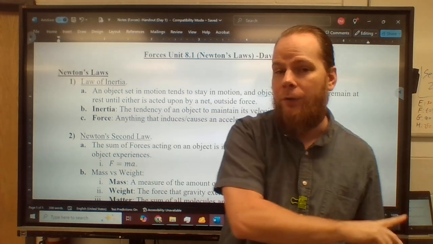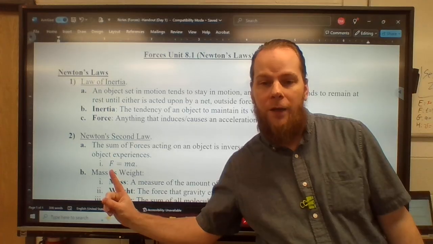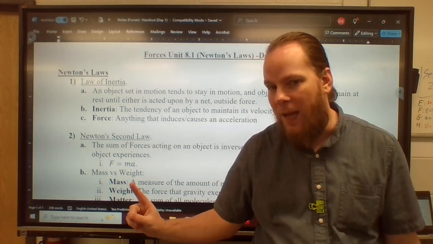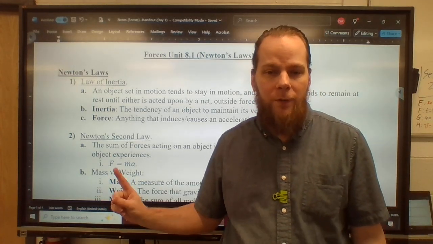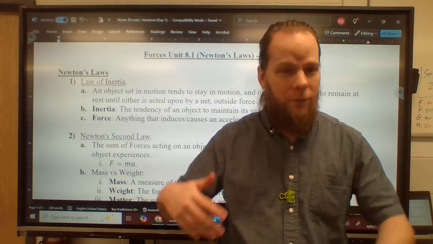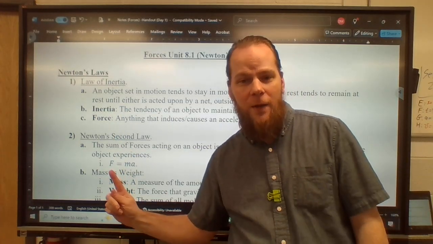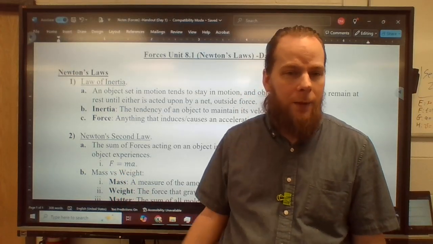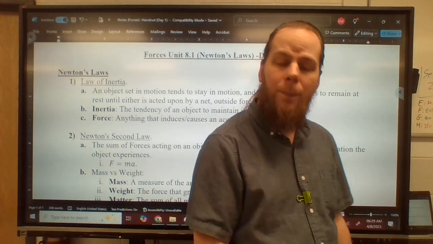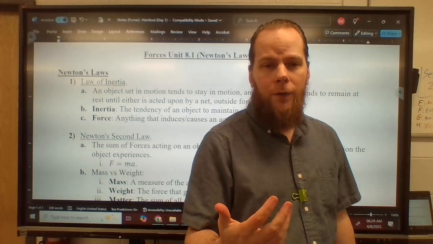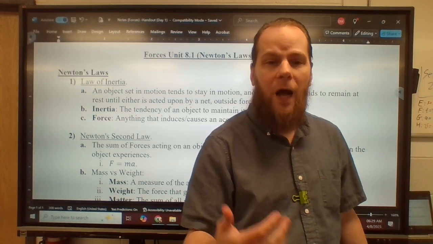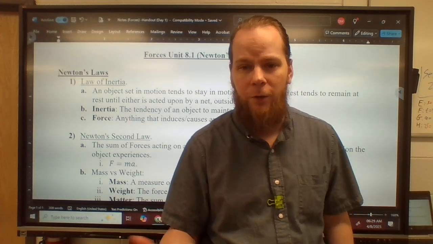Or more accurately, the sum of F's equals ma, which we abbreviate sum with a sigma. So sigma F equals ma, where the sum of forces is equal to the mass of an object times the acceleration that object experiences.